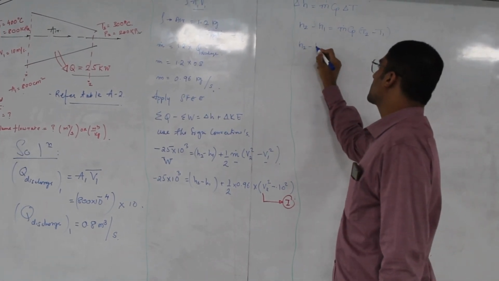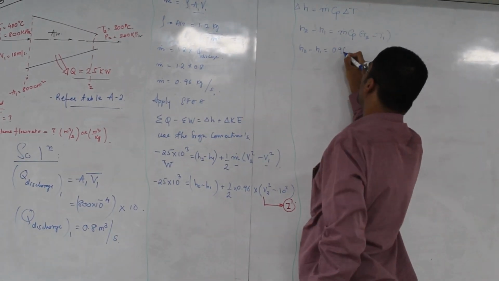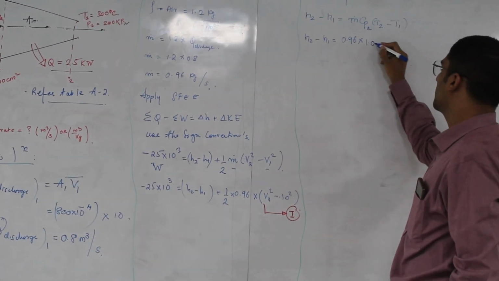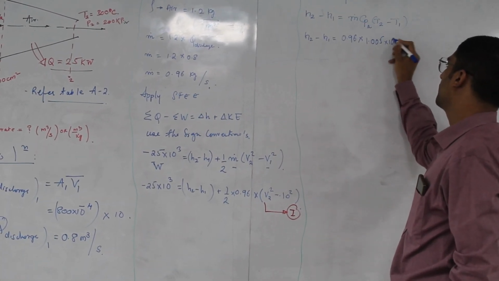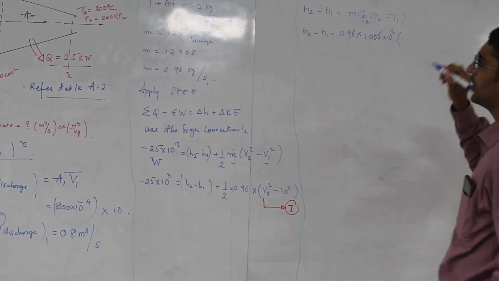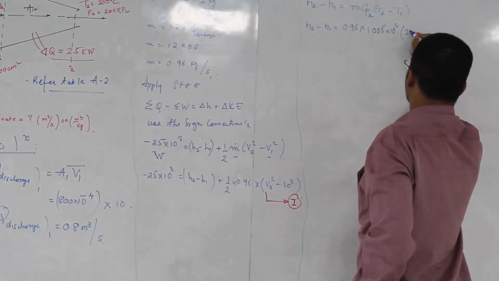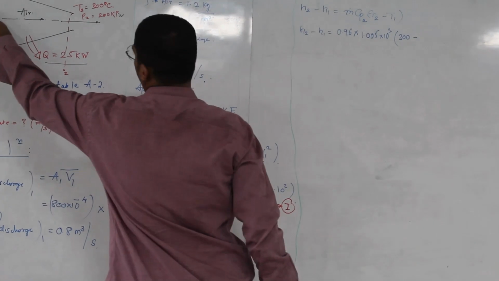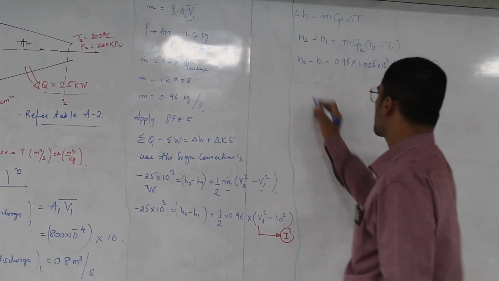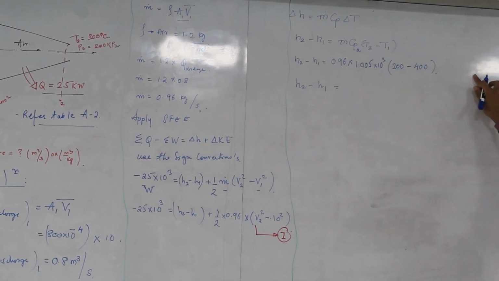H2 minus H1 can be written as m dot, which is 0.96, multiplied by Cp of air, which I can take as 1.005 into 10 to the power 3, as we all know, multiplied by T2 minus T1. So T2 over here is 300 minus T1, which is 400. So H2 minus H1 is equal to this value.